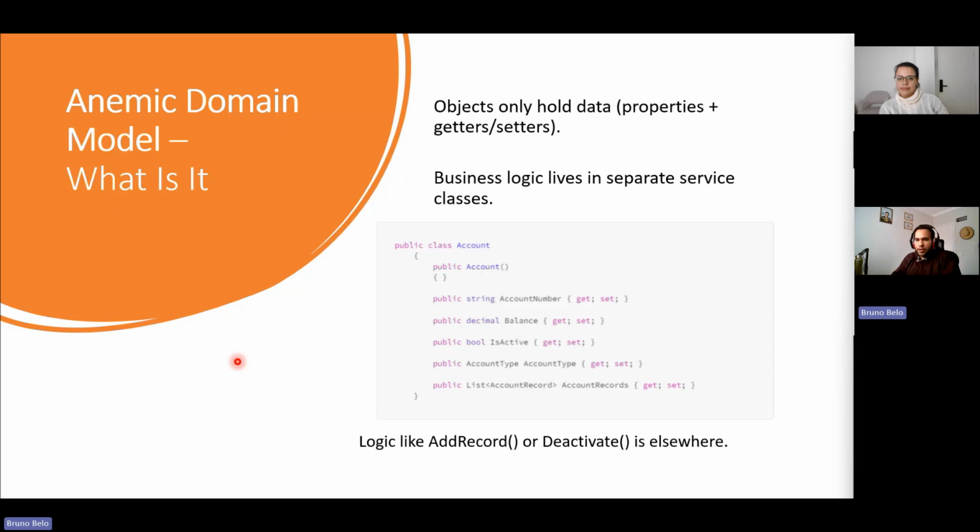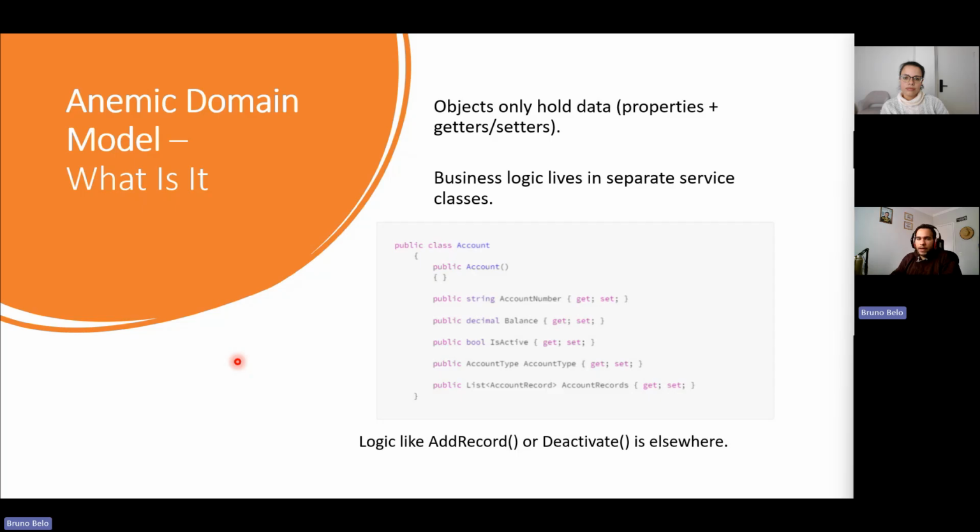So now the other question, right? What is an anemic domain? And why is it bad, let's say? So an anemic domain is defined by some well-known programmers as an anti-pattern, something that you should avoid because it breaks some principles in programming.